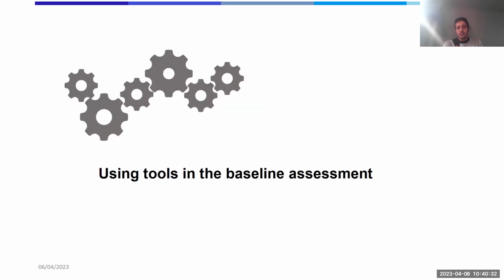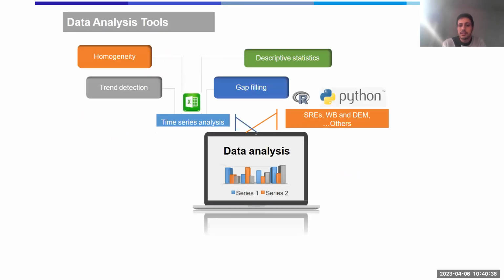So now you go to tools, using tools in the baseline assessment. There are many tools that we can use to represent the data that we have. For example, we have the Excel application, which we can use for time series analysis, to have trend detection, homogeneity, and descriptive statistics that we can read and understand.